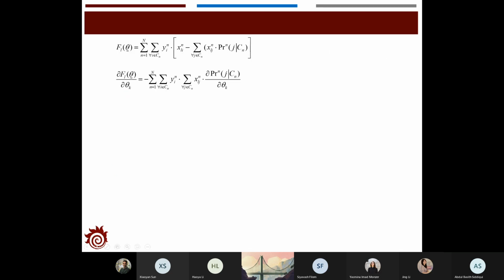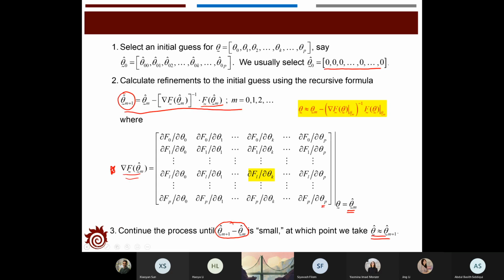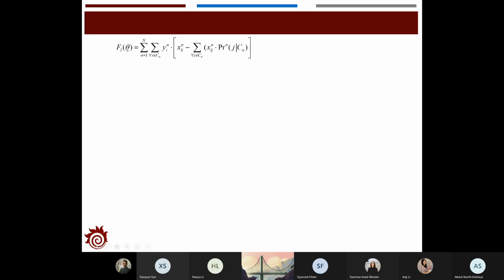As I said, in this calibration, the most difficult part is finding out the expression of this matrix. Now let me give you some information about how the matrix is derived.